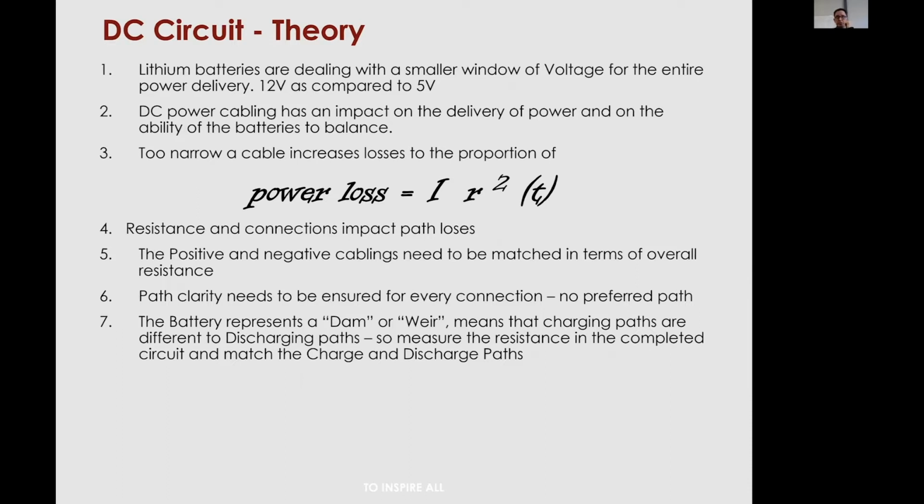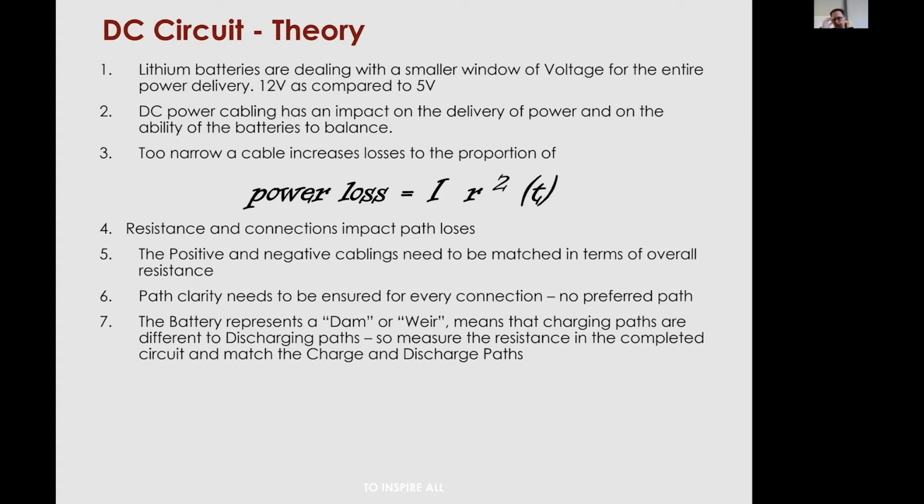So if you have a nice thick DC cable, aka 50 millimeter thick, you actually do get a lower power loss and a better efficiency in a DC circuitry system.